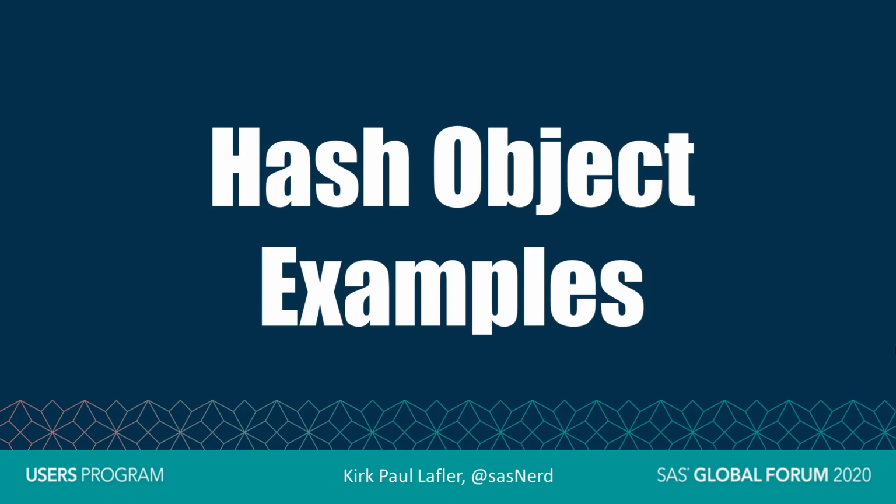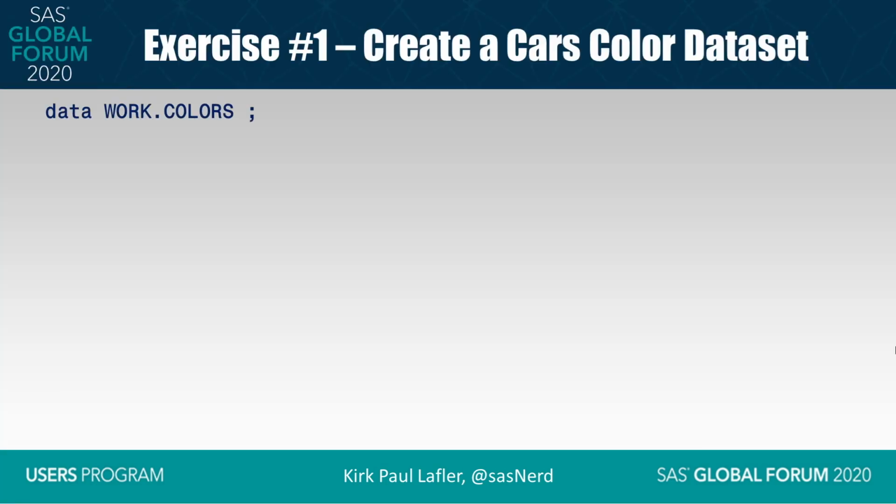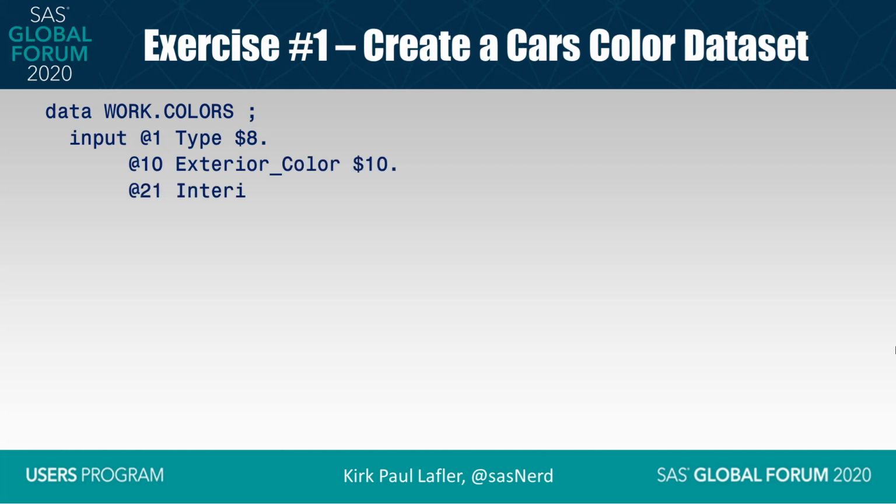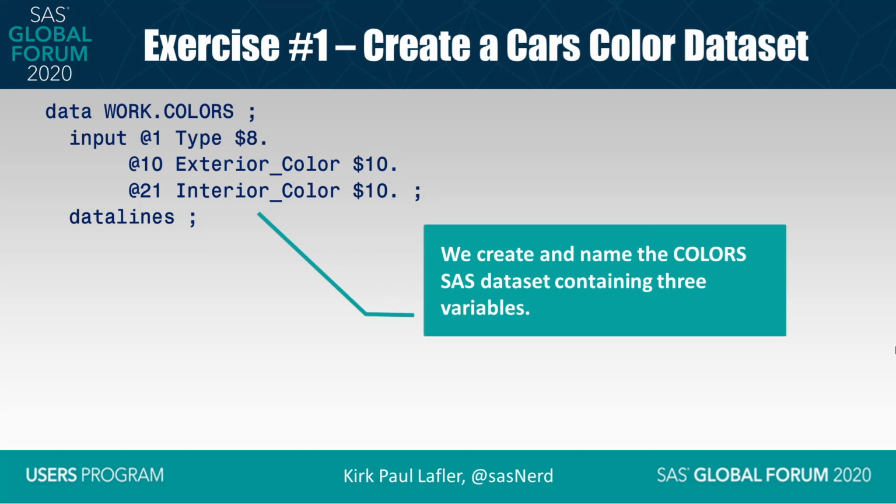Now let's turn our attention to some actual hash object examples. In this first example, our purpose is to create a cars color dataset or table. We're going to use the sashelp.cars table or dataset, and we're going to create this new temporary dataset called work.colors.